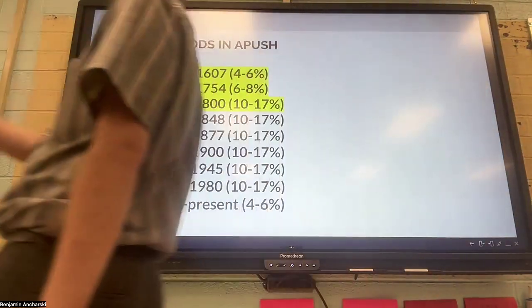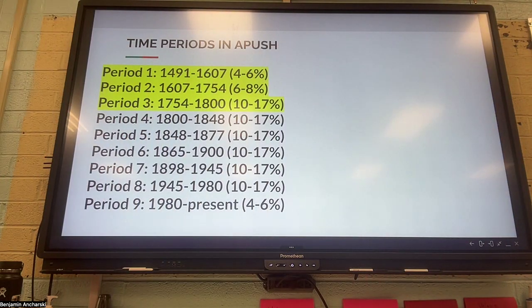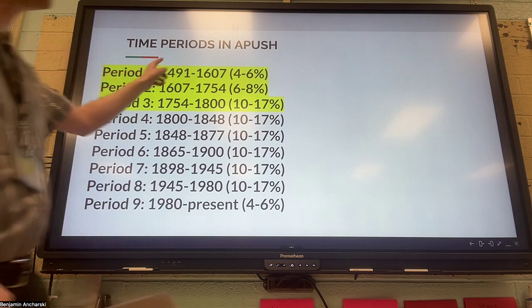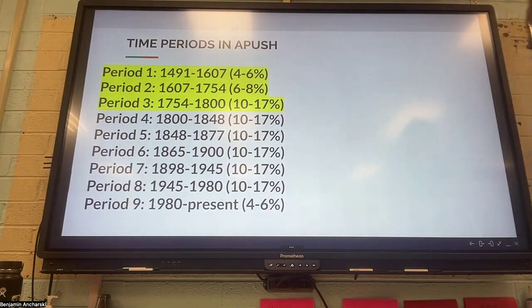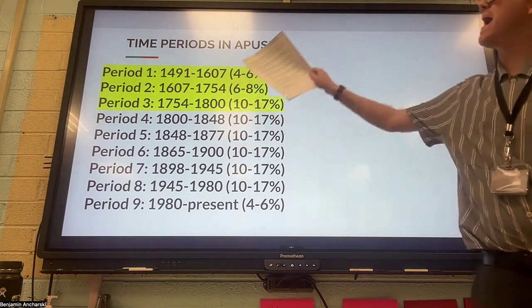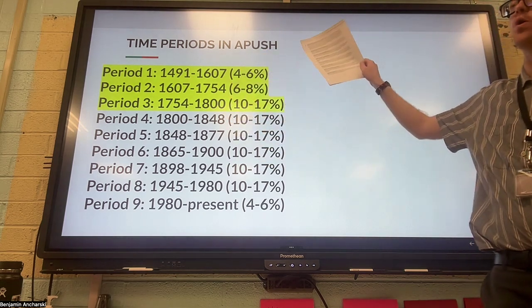Now you're seeing on the board right here these different percentages. This is the proportion that it could be represented on the AP. And you're noticing that for these early periods, not a lot of representation on the AP. Period 1 and 2 especially, not that prevalent on the AP exam. In addition, you are not going to get a DBQ about anything in period 1 or 2.